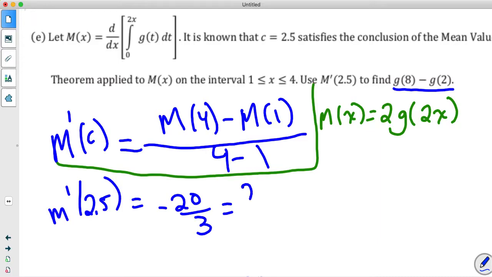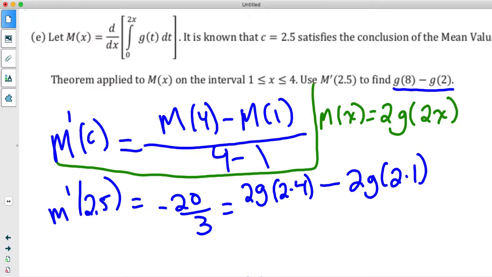So that's going to be 2 times g of, and then 2 times 4 is going to give me 8, which I'll do in the next step. And then minus m of 1, so again, that's going to be 2 times g of 2 times 1. Like I was saying, when we use this 1 and 4 here, when we plug that in, g of 2 times 4 is 8 and 2 times 1 is 2, so that's where that comes into play, but I was just missing out on that.